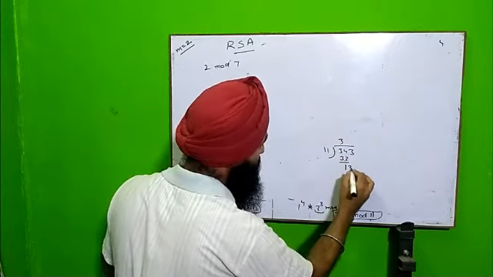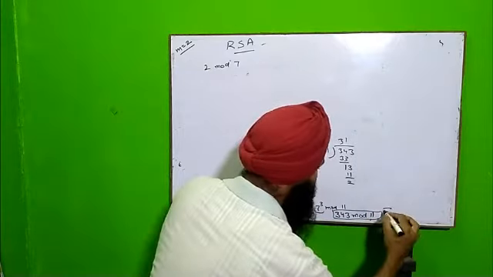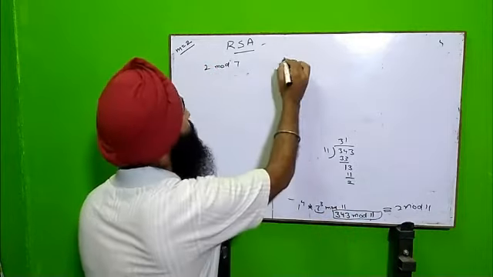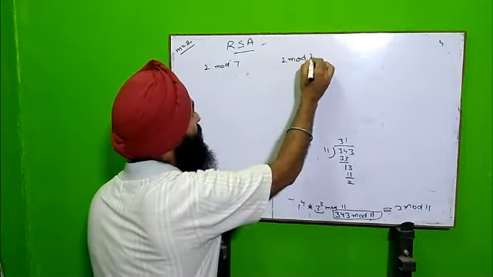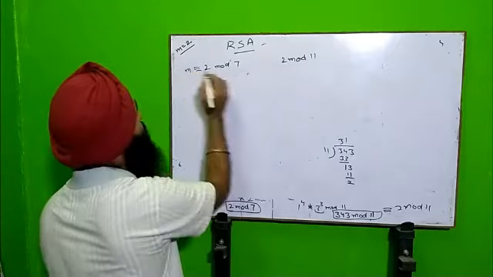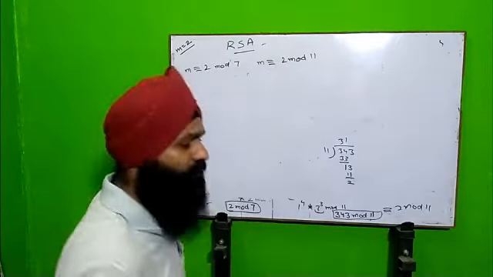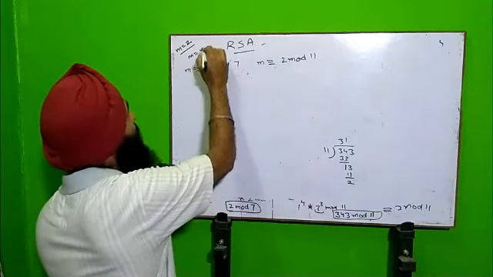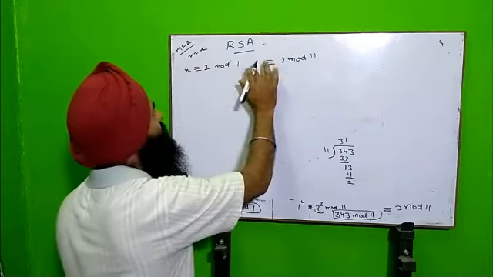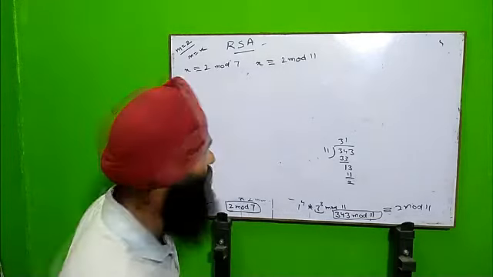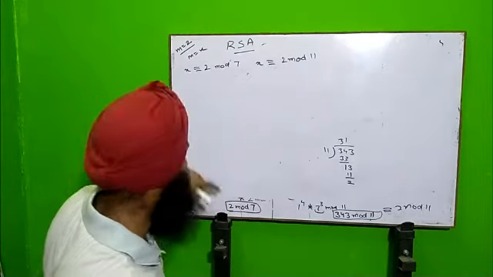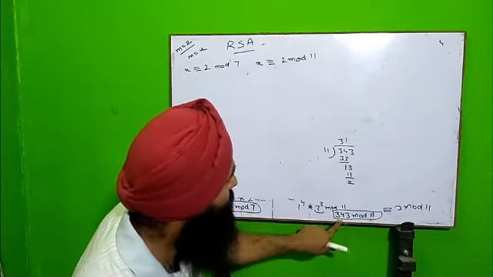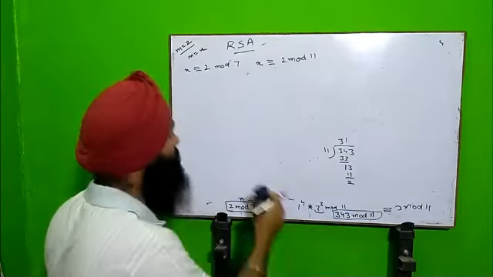That is congruent to 2 mod 11. You can see m is congruent to this one and m is congruent to this one. Here m equals x; in the Chinese remainder theorem we used x, but it doesn't matter, you can use any algebraic variable. So 2 mod 7 and 2 mod 11. If we divide 343 by 11, we have remainder 2, so that's why we have 2 mod 11.